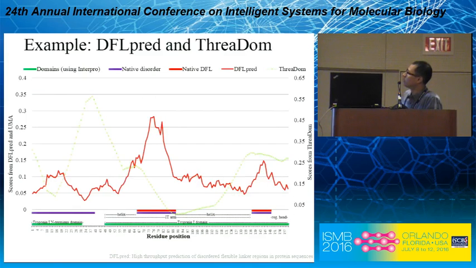Now we are looking at the score for Threader, which is a predictor to find domains. We inverted the score, so regions which are not predicted as domains, we assume them as linkers. We can see this predictor has a high probability score for the region in between the two domains, but it cannot find the two DFL regions.